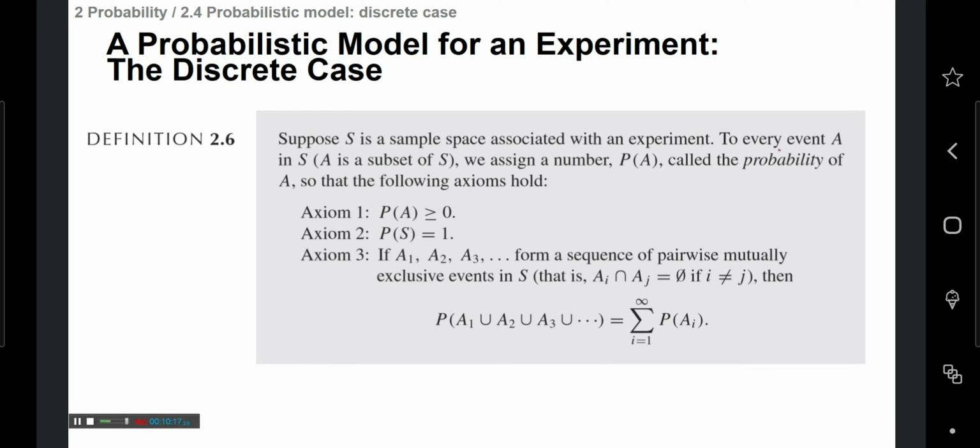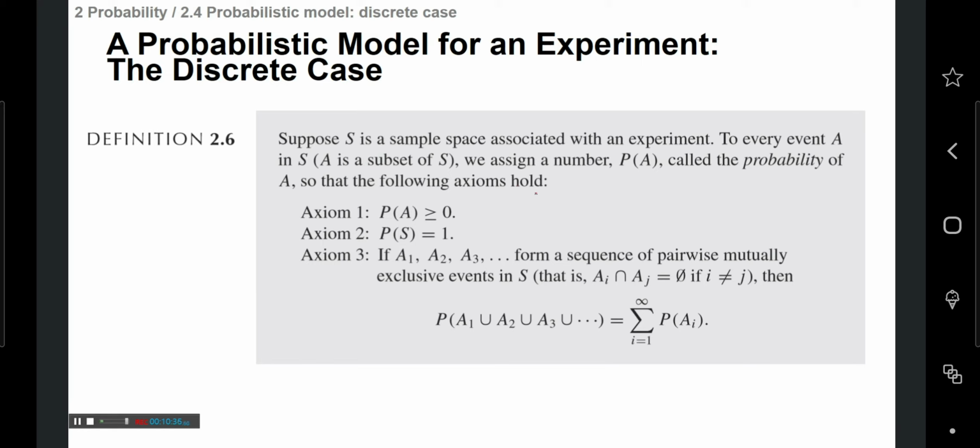To every event A in S, where A is a subset of S, we assign a number, P(A), called the probability of A, so that the following axioms hold.